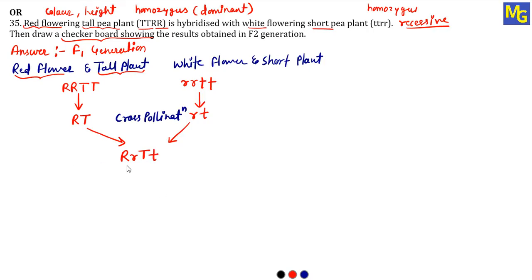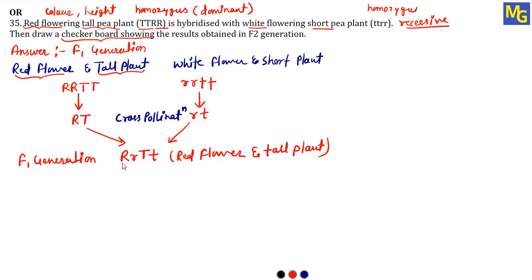You can see in the case of color there is one capital R, and in the case of height there is one capital T. So whatever plants we are going to get in this F1 generation, all will show red flower and tall plant. Why tall? Because there is one capital T. Why red?